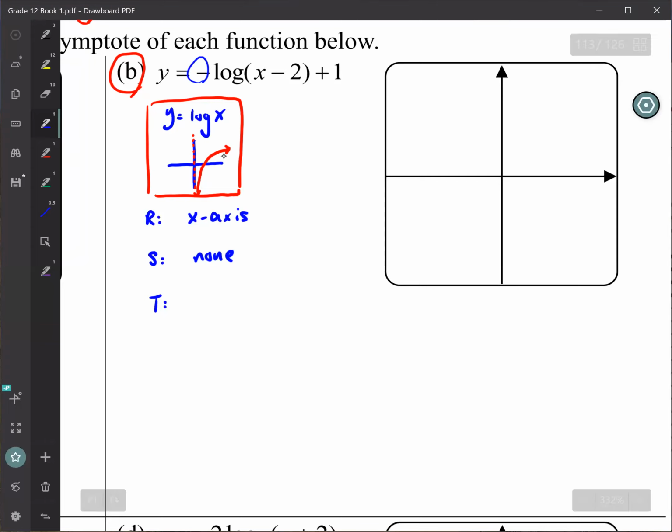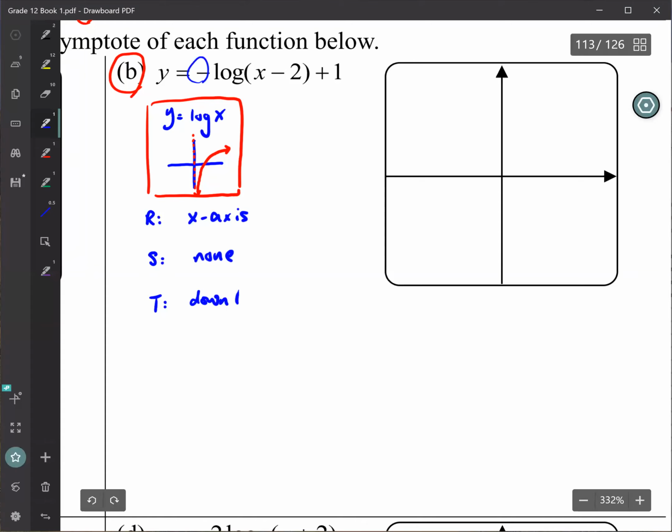Translation, Cindy? Do we have translation? Cindy? Are you there? Oh, sorry, I forgot to unmute myself. Okay. Down 1 and right 2.